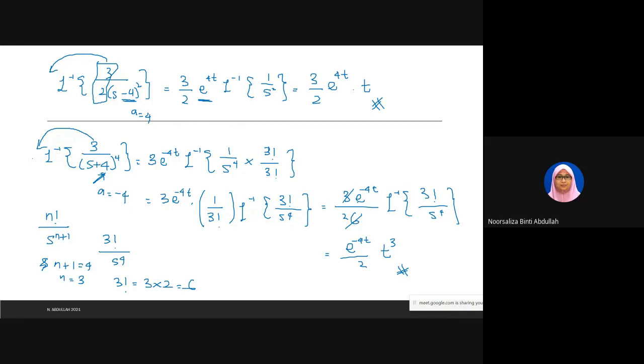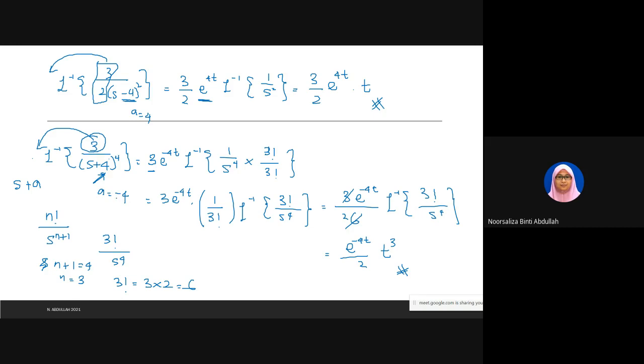This one from here? We take the 3 out, and then S plus 4. So this 4 is your A. Your A is actually minus 4, because the original equation is S minus A. If you have S plus A, then your A must be negative.